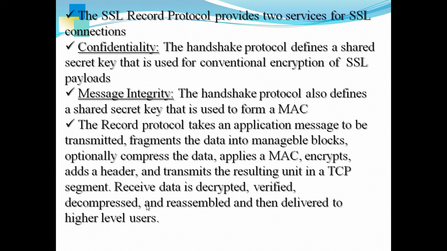What are the important services in the SSL record protocol? There are two important services: confidentiality and integrity. Confidentiality is provided by the use of a shared key, used for conventional encryption of the SSL payloads.